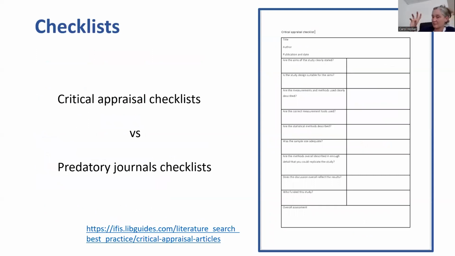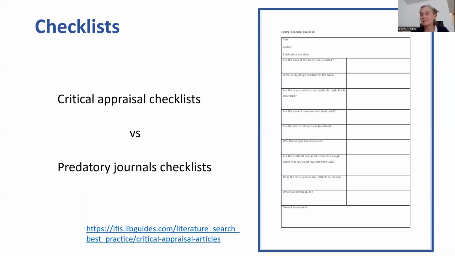So I want to take a moment to talk about the difference a little bit between a critical appraisal checklist and a predatory journals checklist. So there's overlap. This critical appraisal checklist is one that's specifically designed for food science literature, and has the kinds of questions that you ask to think about whether an article before you is a sound article and also appropriate for the project that you want to use it for.